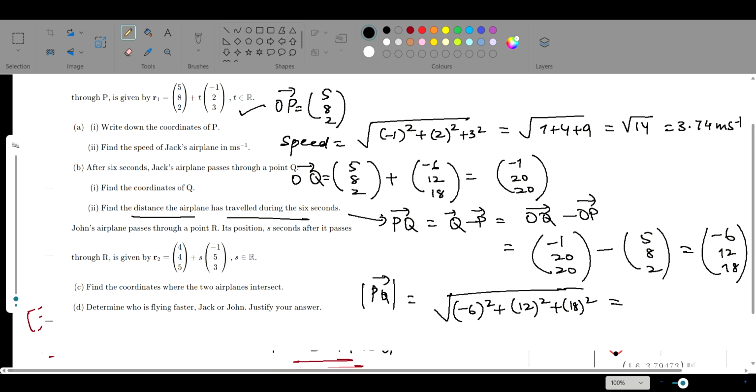Do that in the GDC. Six root 14. 6 root 14 is 22.449. So 22.4 meters. This will be the distance.